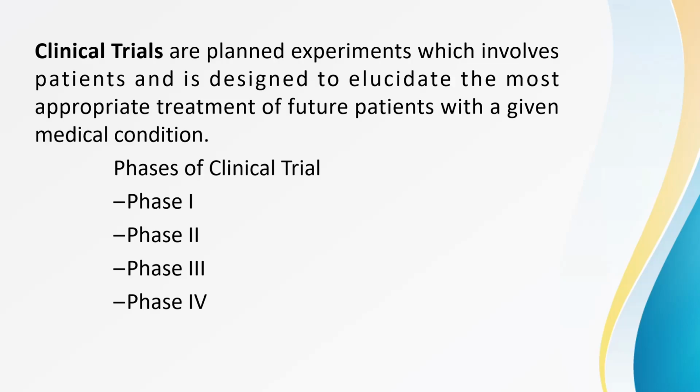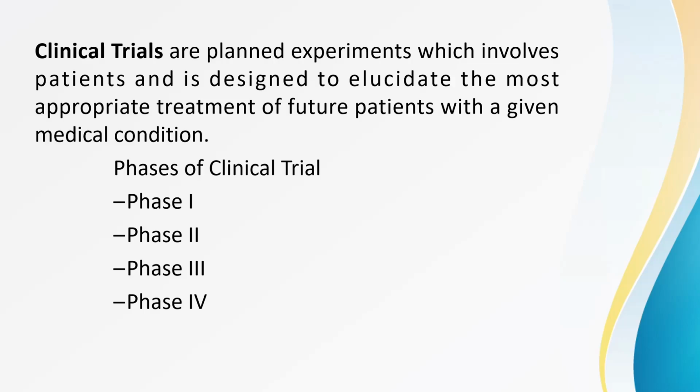Within the clinical trials there are 4 phases: phase 1, phase 2, phase 3 and phase 4. In phase 1, a very small number of subjects, like 10 or 30, are selected for the clinical trial and the safety of the drug is tested. In phase 2, around 300 subjects who already have a disease are selected and the drug is tested on them.